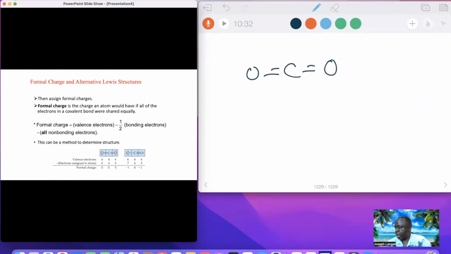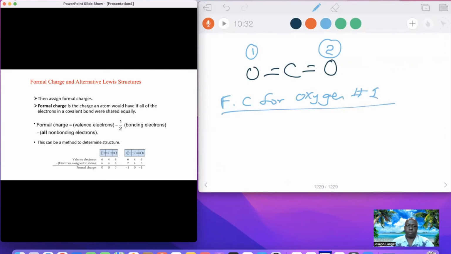Let's say we number this 1. Formal charge for oxygen number 1, for example. Valence electrons is 6, it is in group 6A. That's where it's coming from.